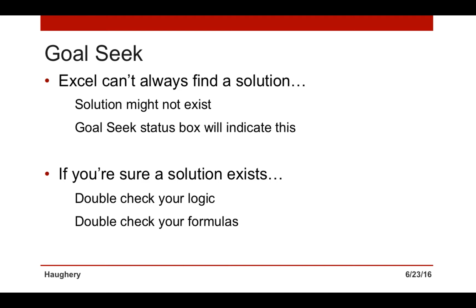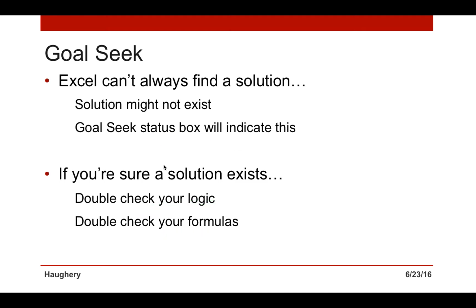If the solution does exist, but it's not giving us an answer, so we're getting this status box indicating that Excel cannot calculate a result, and we are sure that there is an actual theoretical solution, we need to double check our logic, or double check our formula, to make sure that we've inputted the right formula and we've set up goal seek properly. If we're not getting an answer that we think we should get, we might have to go back and look at how we've set up the parameters.